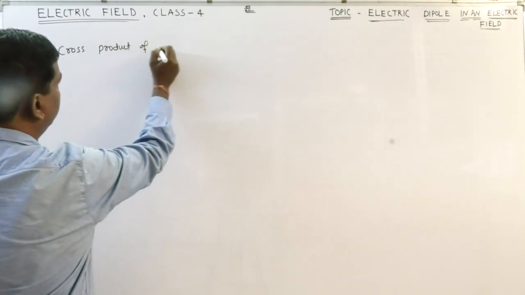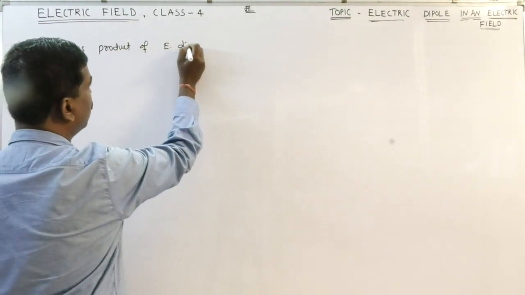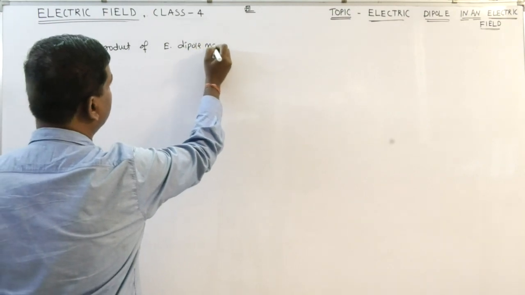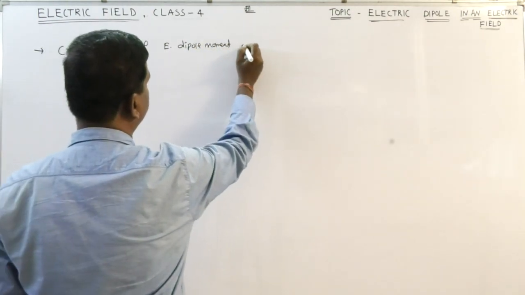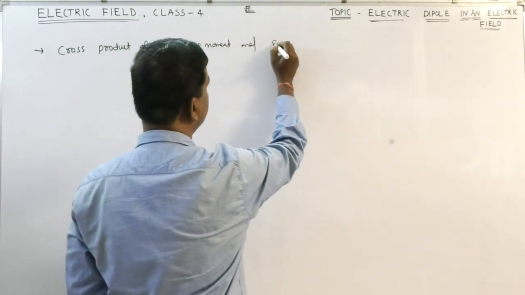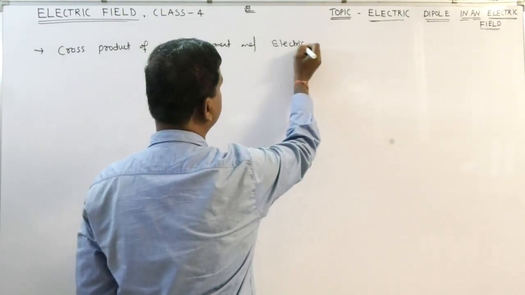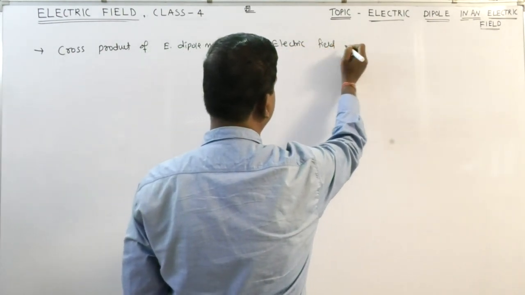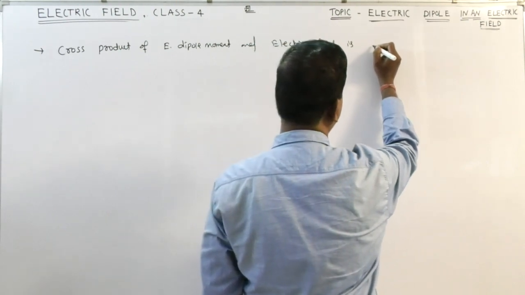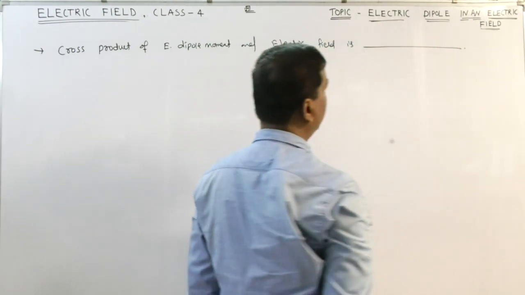Cross product of electric dipole moment and electric field is this.